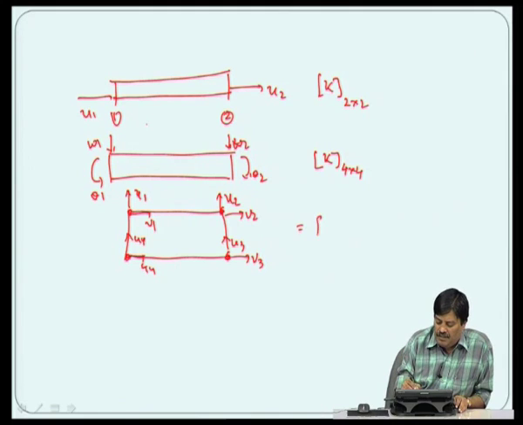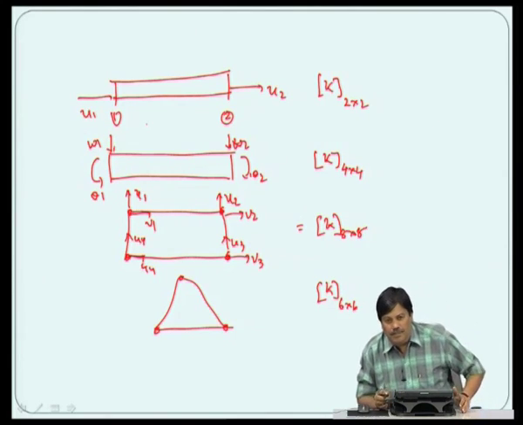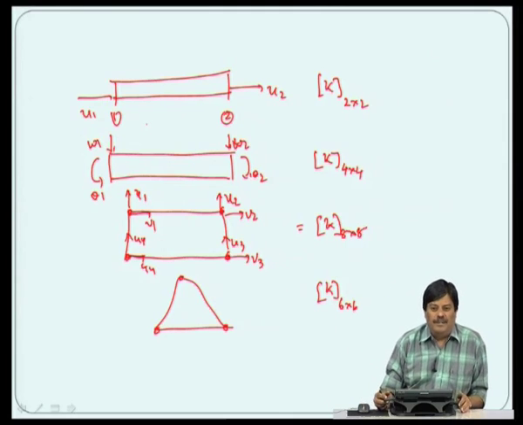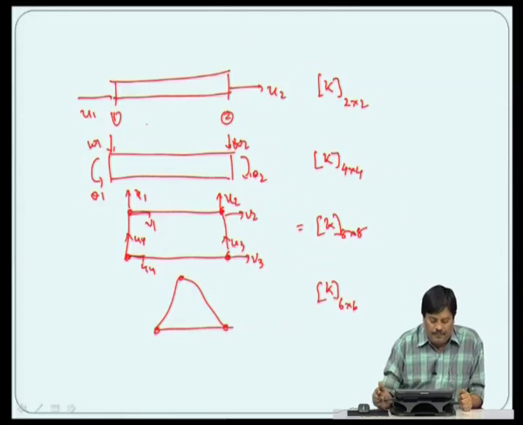The stiffness matrix will be 8 by 8. Suppose we have a triangular element, another possibility, then we have 3 nodes, and if each node can support 2 degrees of freedom, then the matrix K will be 6 by 6. So, basically it depends upon how many degrees of freedom it can have. We will come to the definition of degrees of freedom a little later.